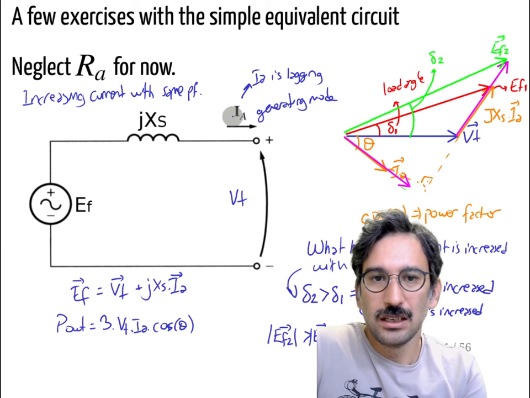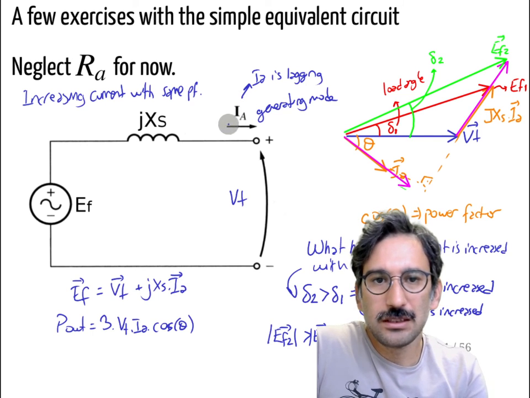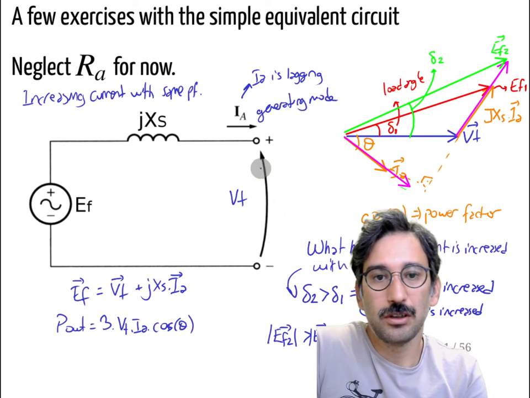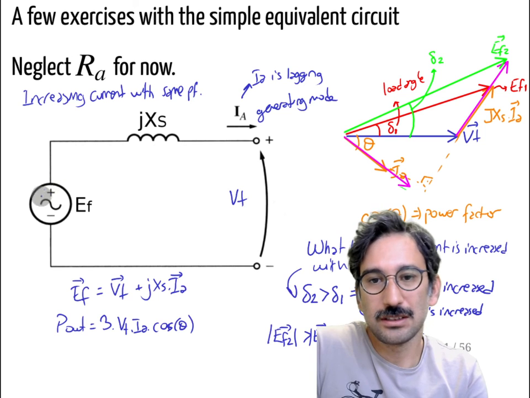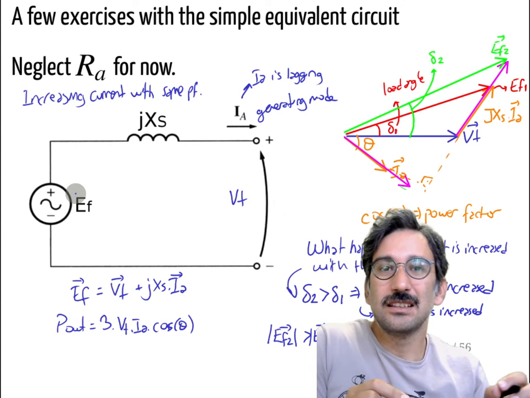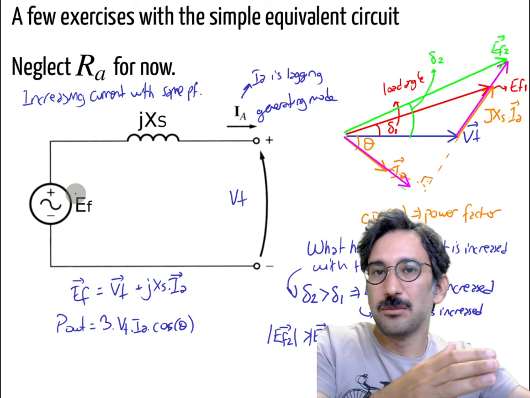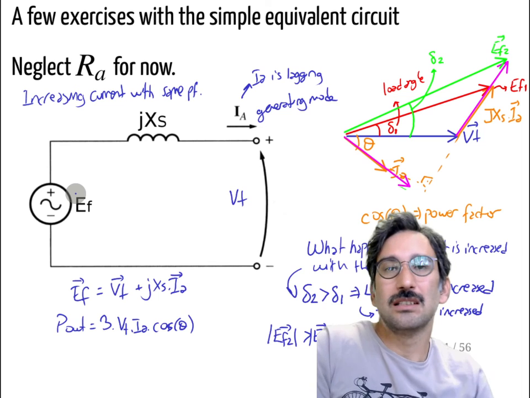Remember, the power factor is always defined between the current and voltage, the terminal voltage and the terminal current. It's not between EF. There's not a point where you can connect your oscilloscope and measure EF. It's all the stator winding.